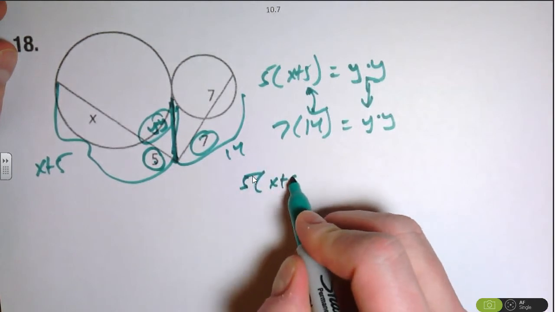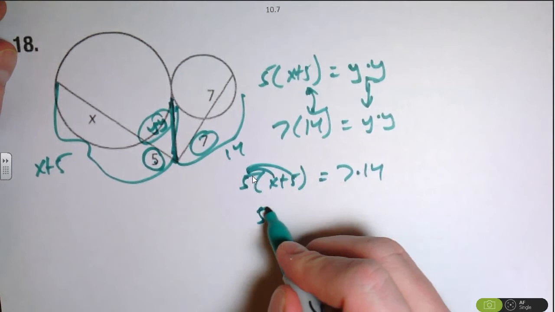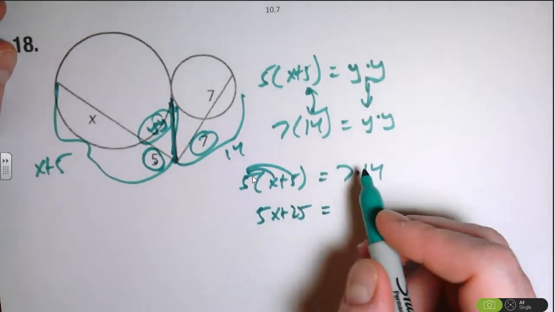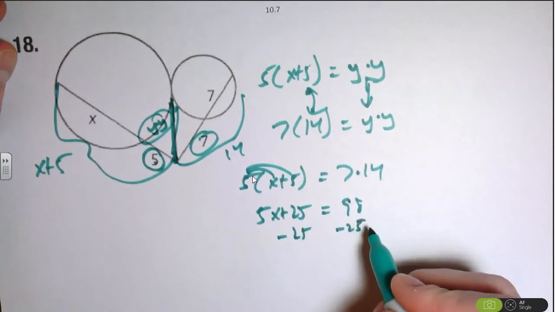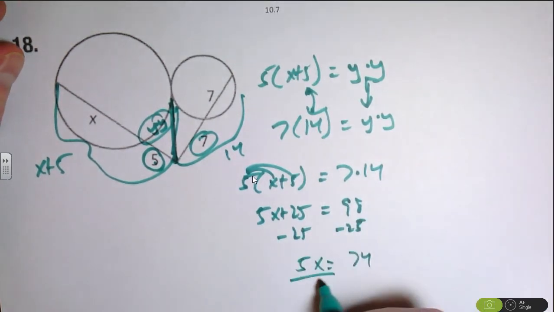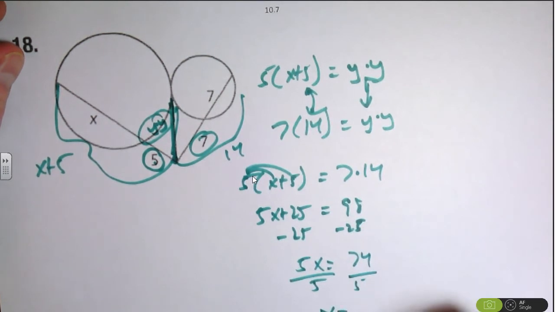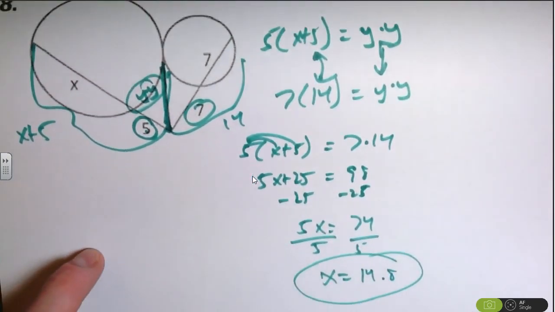So 5 times x plus 5 equals 7 times 14. 5x plus 25 equals 98. Subtract 25. We end up getting 5x equals 74. Divide by 5. X ends up being 14.8. So there you go.